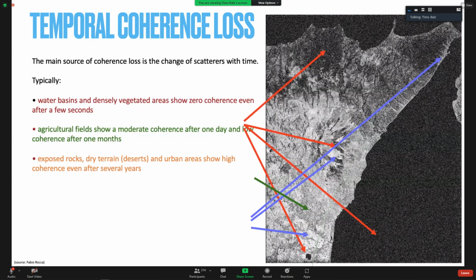So by looking at how fast you are losing coherence, that can also be a tool to classify and identify targets or land use classes in an image. That is also one thing we can use the temporal coherence for.